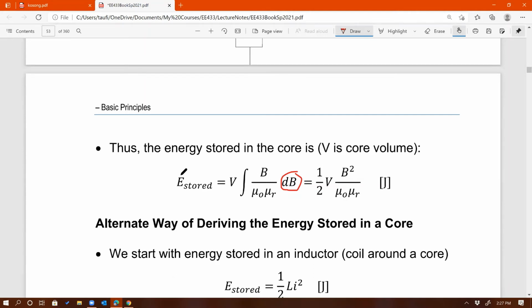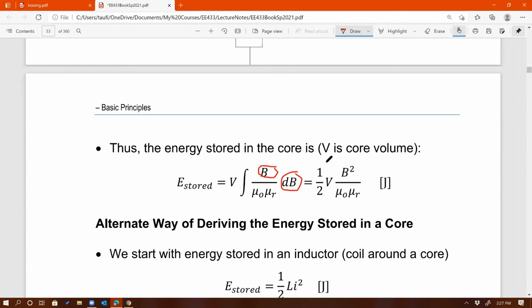So I rewrite the equation for energy stored in the core. Same thing, volume times the integral of H, but now H, I replace with B over mu naught mu R, with respect to B. So now I could carry out the integration.